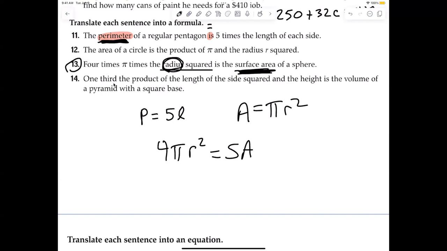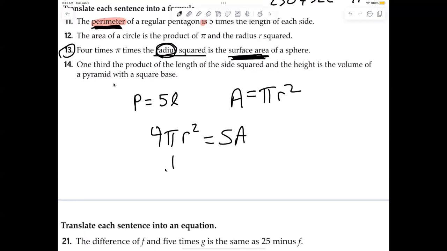All right, 14. Go ahead, Katie. Good. Okay, so read it to me. What does it say? The 1/3 product of the length of the side squared and the height is the volume of the pyramid with a square base. Okay, so 1/3 the product of the length of the side squared. All right, so what letter do you want to use for the side?